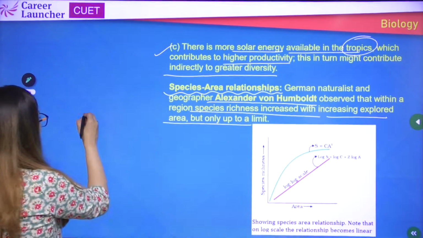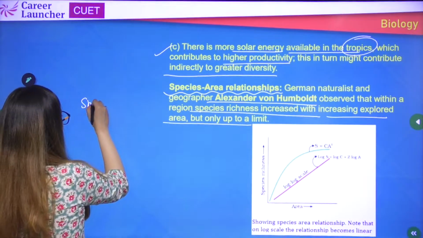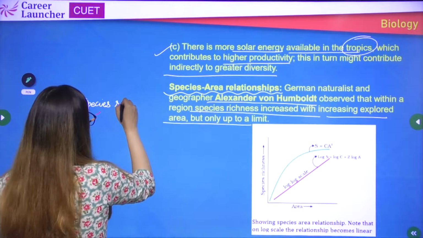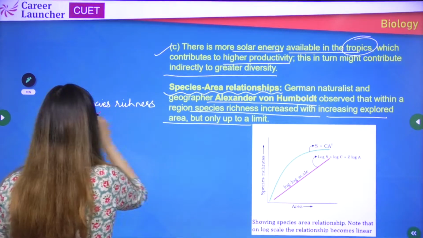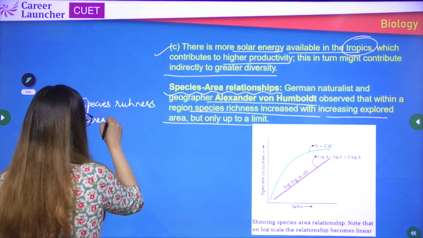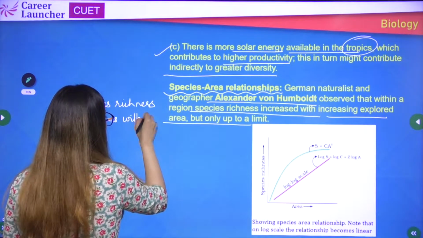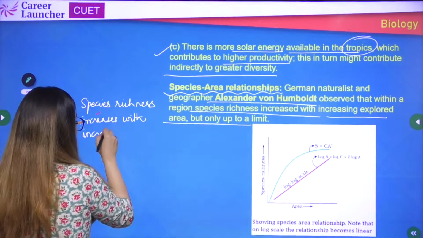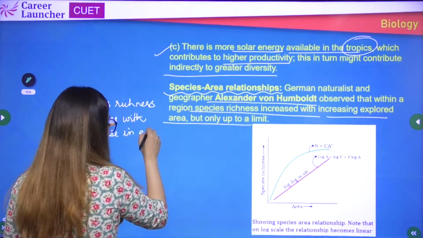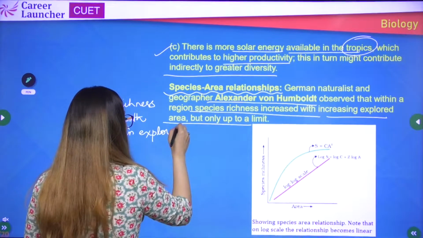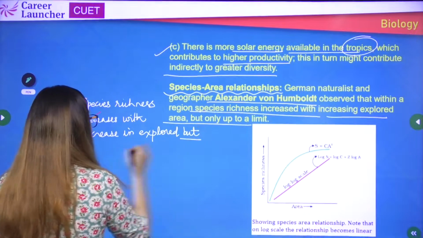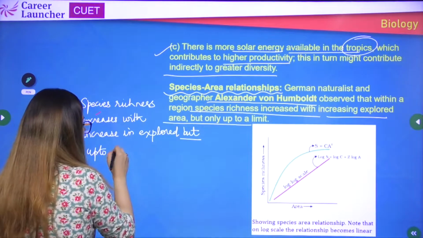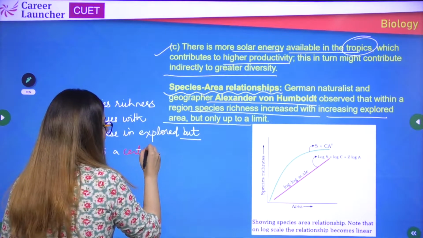So what did he say? He said that species richness increases with increase in explored area, but up to a certain limit.